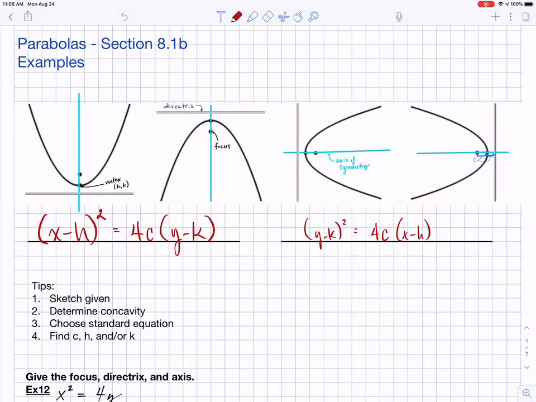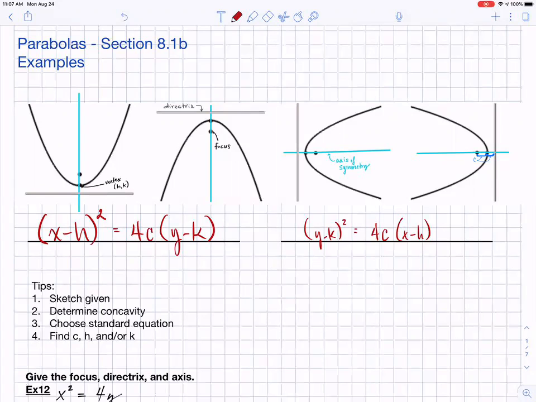In the overview, I went through all of the pieces of a parabola, so make sure that you are aware of that. In the overview, what is C according to the overview? The distance between, say it again. Very good.